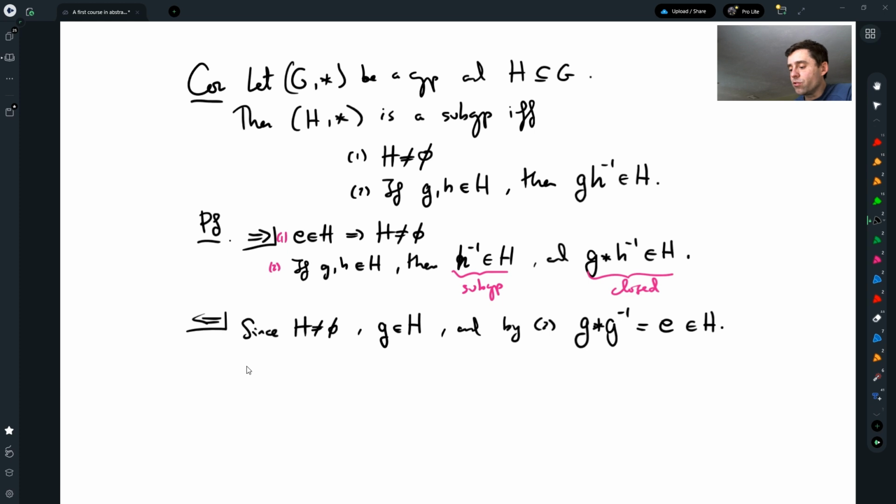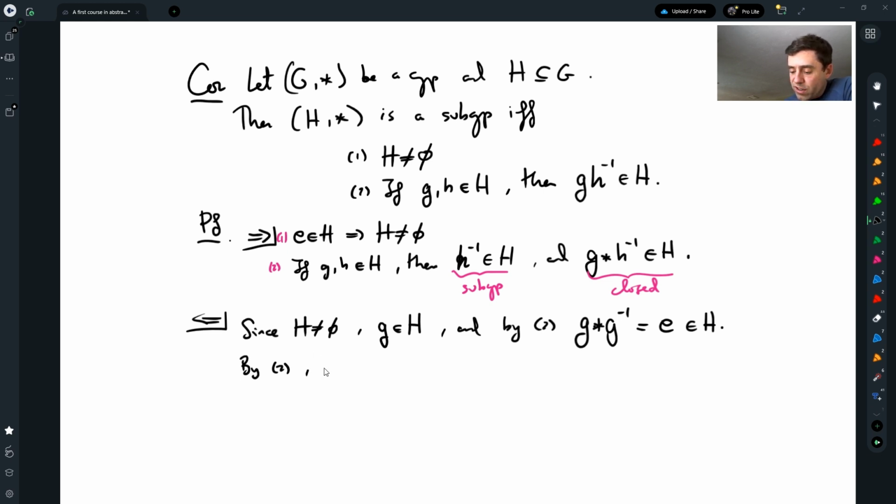And let's prove that it is closed under multiplication. So now, well, by 2 also, actually, I'm going to prove that it is closed under inverses.